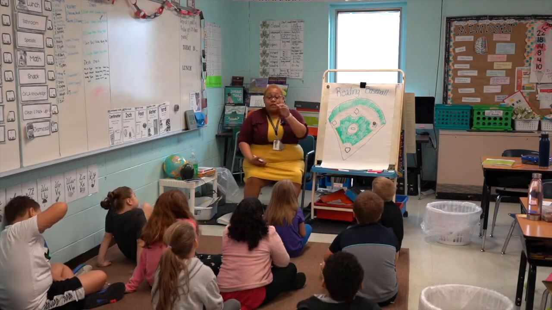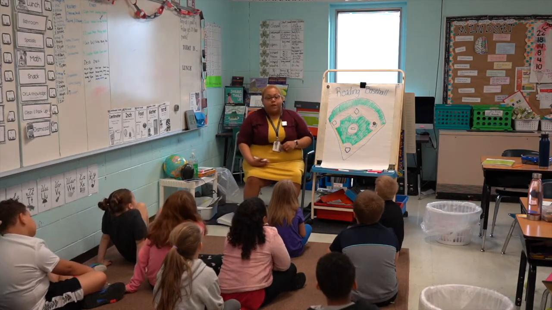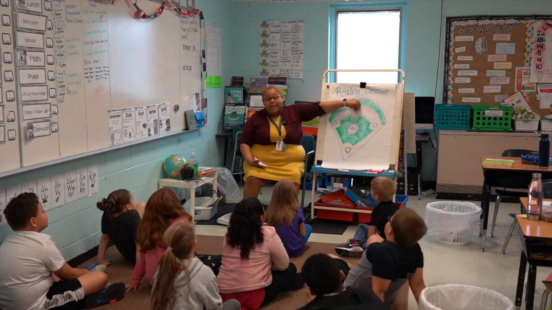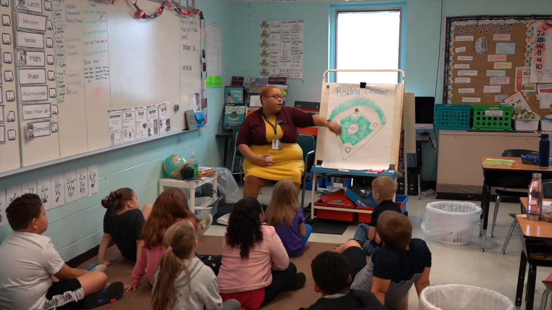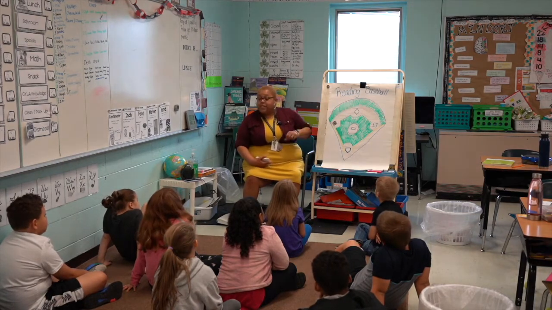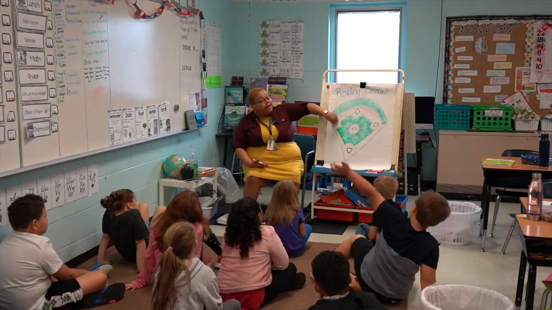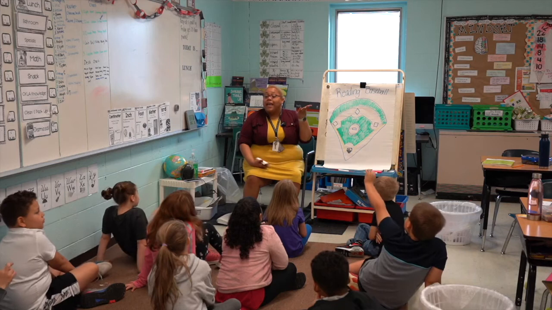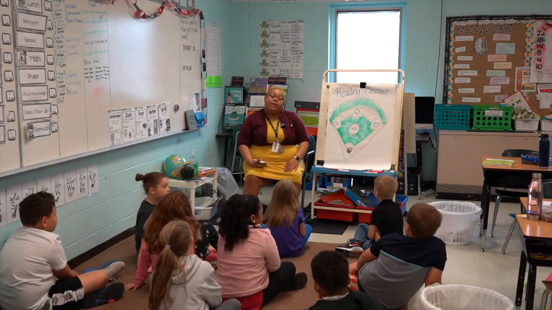Then you will go to the end of the line. The next person will have to read the word correctly. If they read it correctly, they get to go to second base. Next person will come up. If they read their word correctly, they'll get to go to third base. The fourth person comes up. If they read it correctly, they get to go home. And that means you have scored a point, right? You can't make a home run in this game.